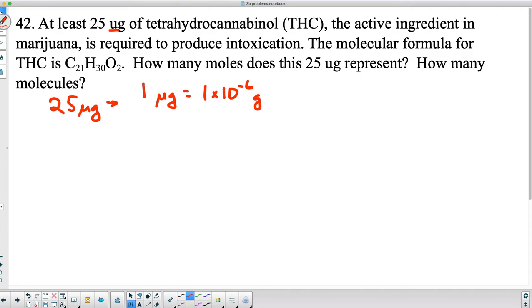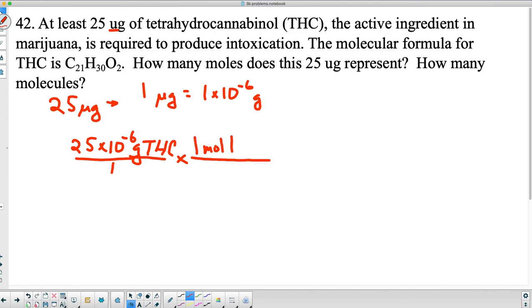So why don't we just put that 25 times 10 to the negative 6, and that way we have our grams of THC. And now we have to do our mole calculation. I know that 1 mole of THC has a mass of some number of grams of THC. So how do we figure that out?